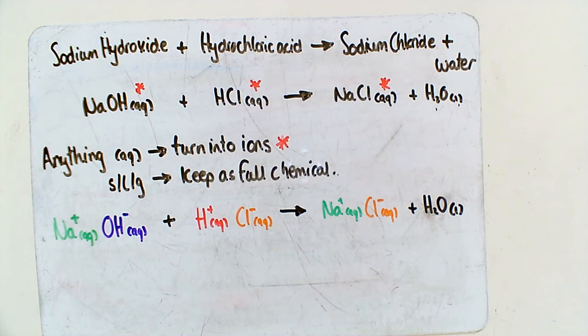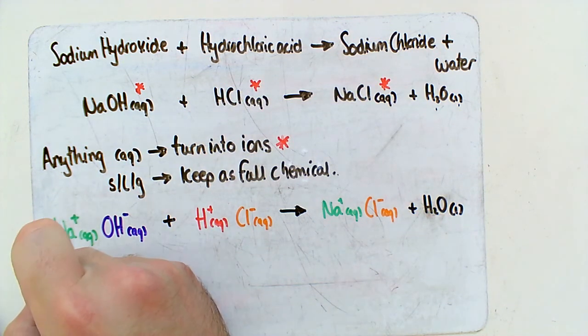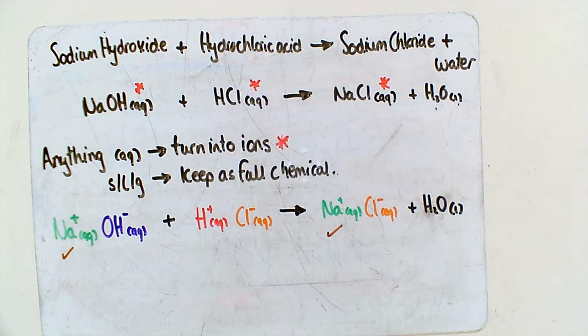And then what we're going to do is see anything that doesn't have a match on the left and right hand side. So sodium, it's on the left hand side. Sodium's also on the right hand side. So we'll put a tick. Sodium's on both sides. We've got hydroxide here.